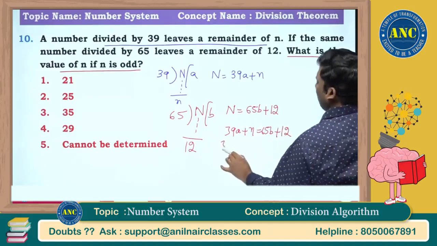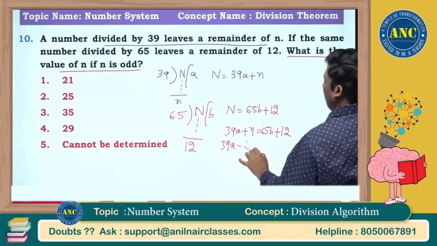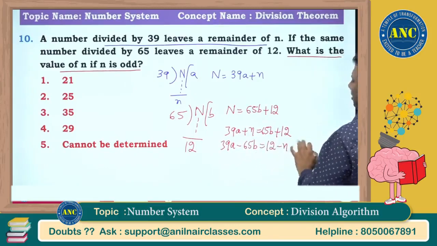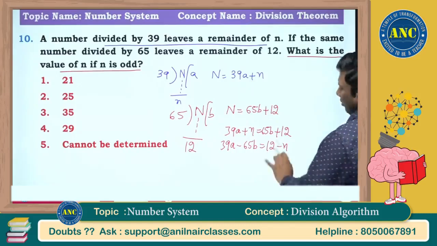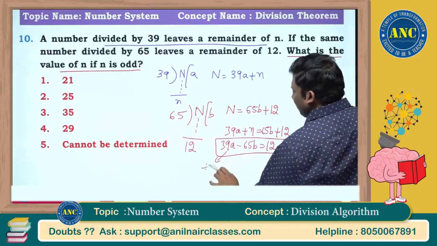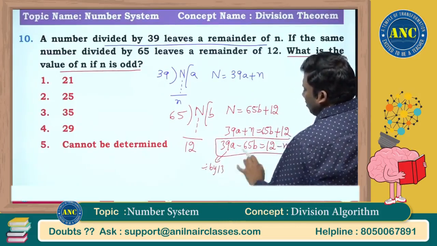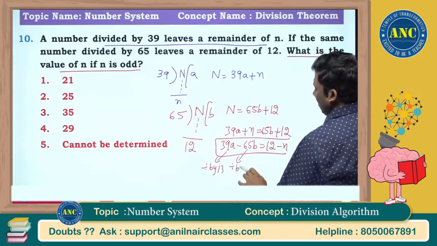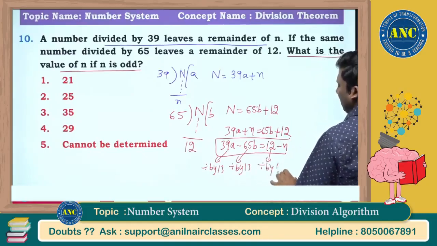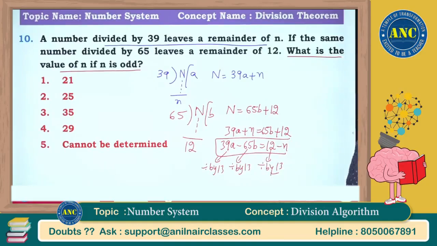So this will become 39a minus 65b equivalent to 12 minus n. Now if you see here, 39 is divisible by 13, 65 is divisible by 13. This should be divisible by 13.